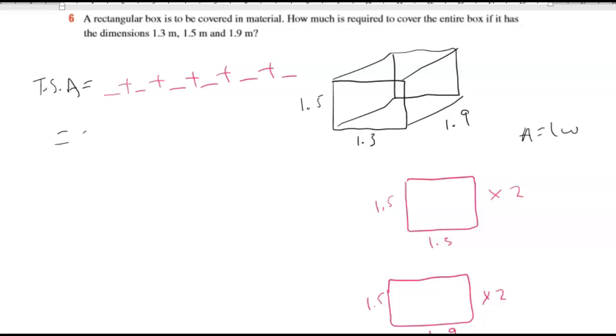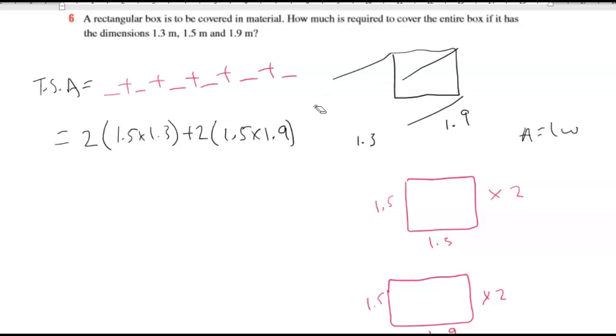So if you wanted to, I would say, all right, 2 times 1.5 times 1.3. So the first rectangle's accounted for, plus 2 times 1.5 times 1.9, and I'm going to write over my diagram, so let me just get rid of it. Such a good diagram too.